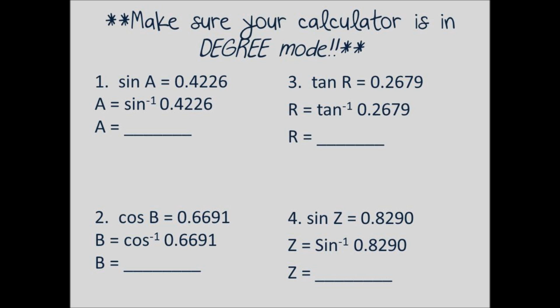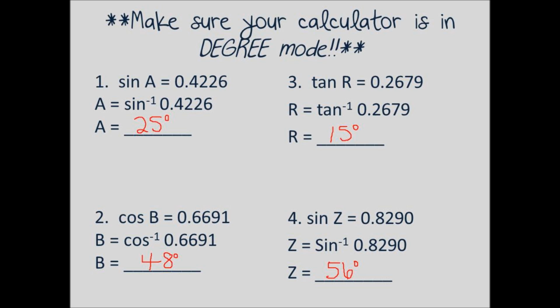That angle is 25. So I'm going to give you a few more minutes to try and find the other three angles, and then on the next screen it will give you the answers to check. Okay, by now you should have been able to do the rest of those.